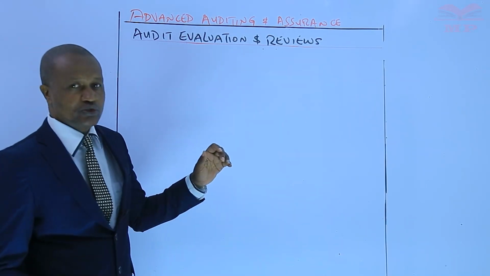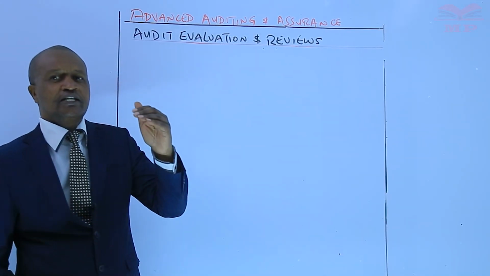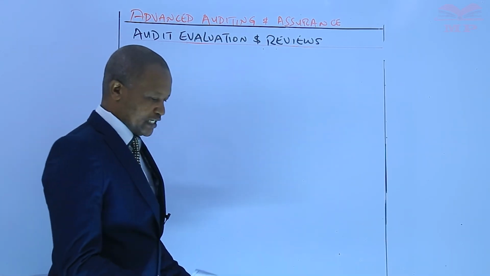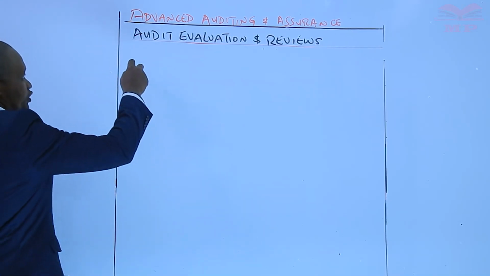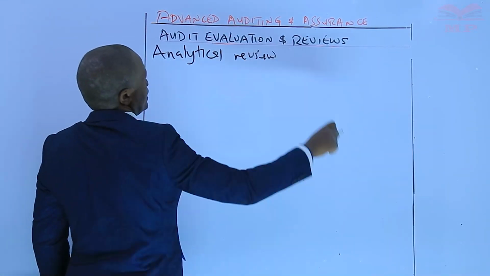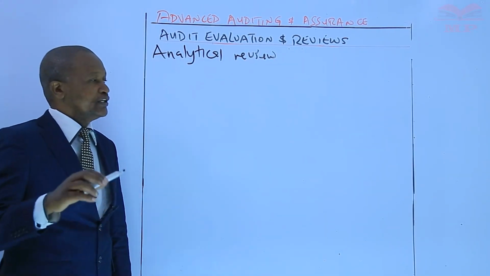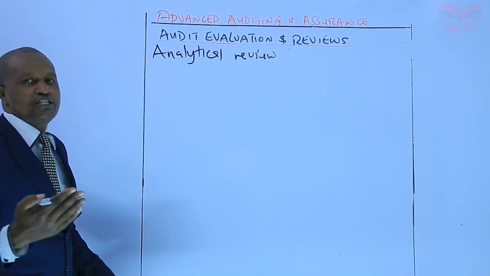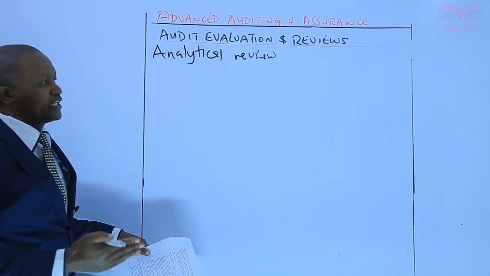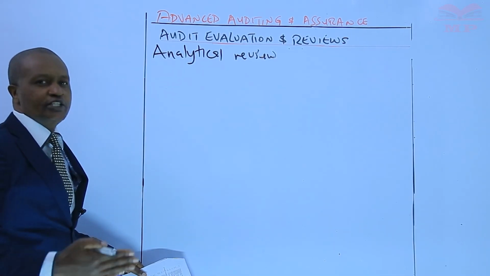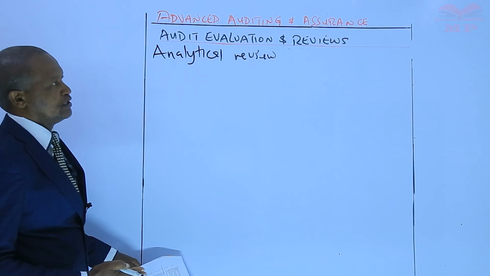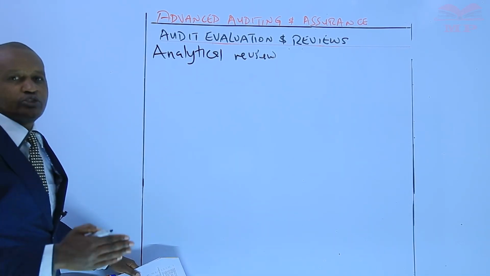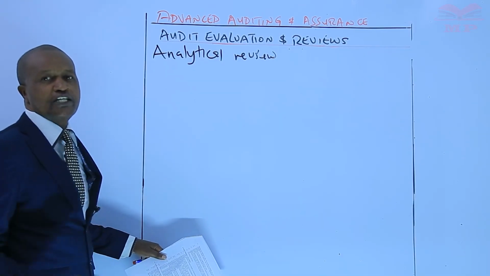In our today's lesson, we'll study the steps that are involved in analytical review. I've defined analytical review as the systematic and logical examination of financial data by way of comparing the current and historical information to assess the reasonableness and the consistency of financial data.